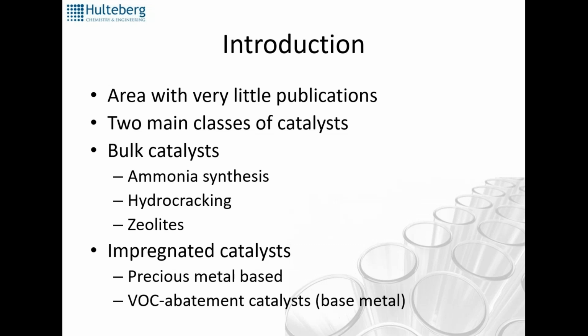We differentiate bulk catalysts. Bulk catalysts are used in ammonia synthesis, hydrocracking, and zeolites are also categorized into this category. And then we have the other category, which is impregnated catalysts, which are your typical precious metal-based catalysts, but also VOC abatement catalysts that are base metal based.